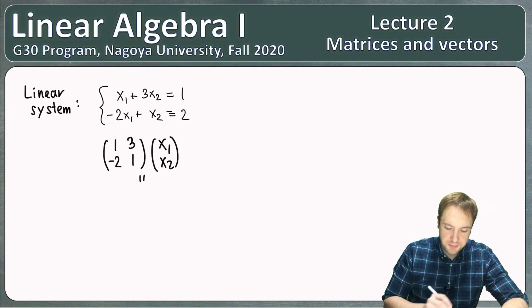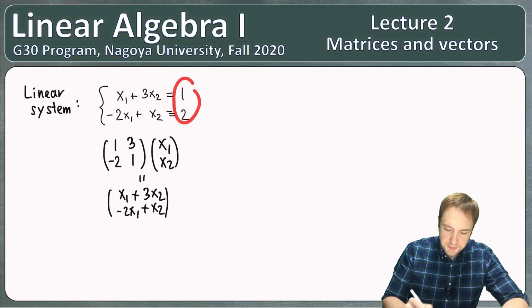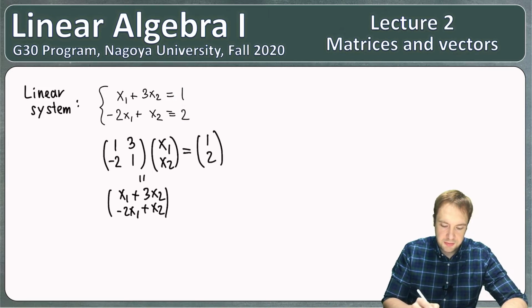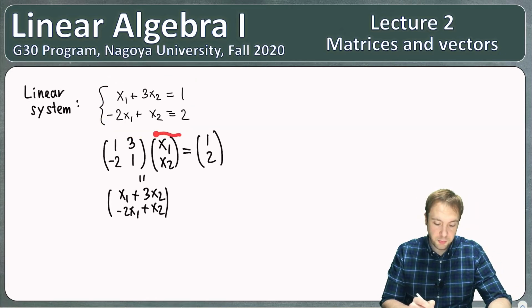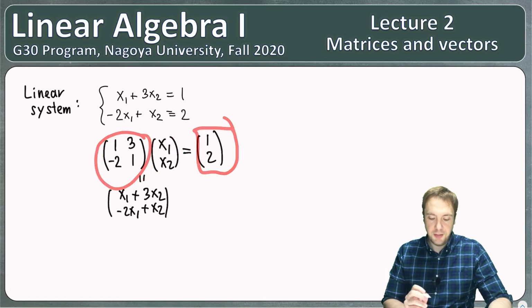So if you multiply this out, this gives a vector of size 2, which has exactly these entries of these equations on the left-hand side. And on the right-hand side, this we can also interpret as a vector of size 2. So here, solving this linear equation means that we want to find a vector such that if we multiply this vector with this matrix, that we get this vector here.